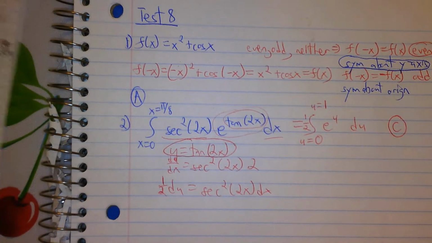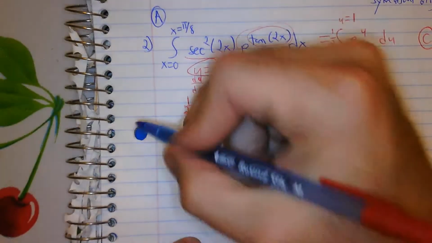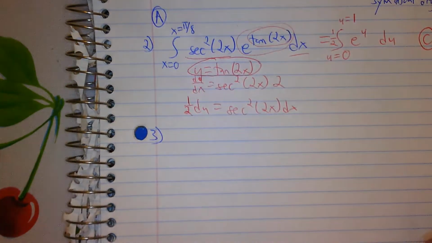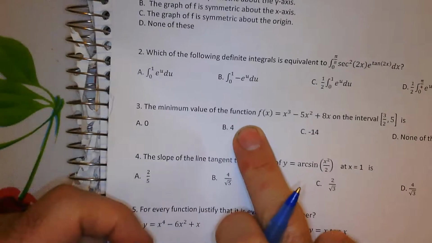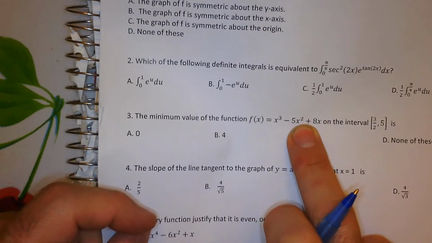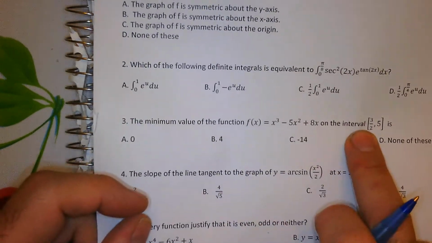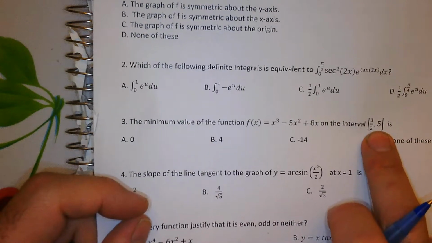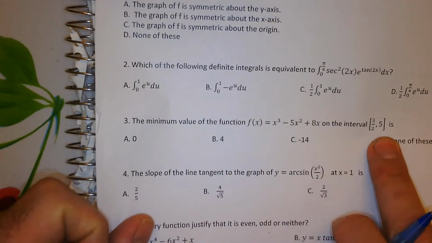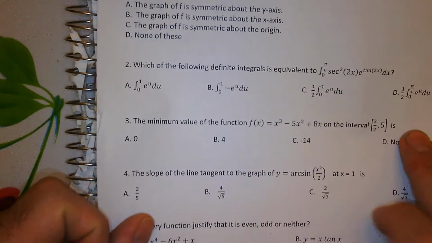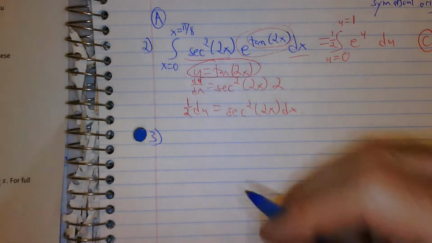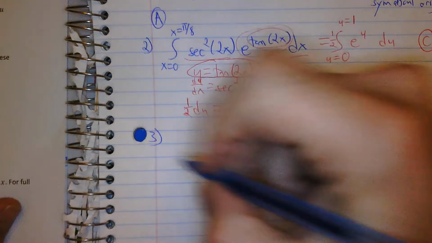All right, question number 3 says find the minimum value of a function f on the closed interval from 3/2 to 5. Technically then, this is an absolute minimum problem, and I should use the absolute minimum test. Well, that's one way to approach this.